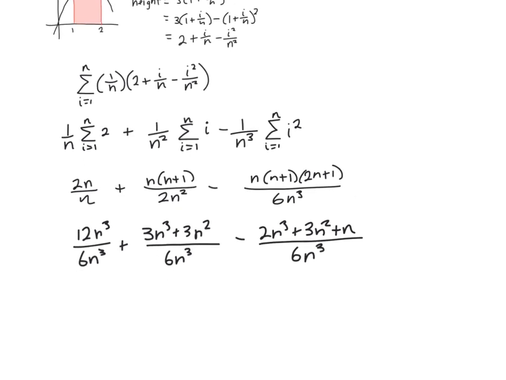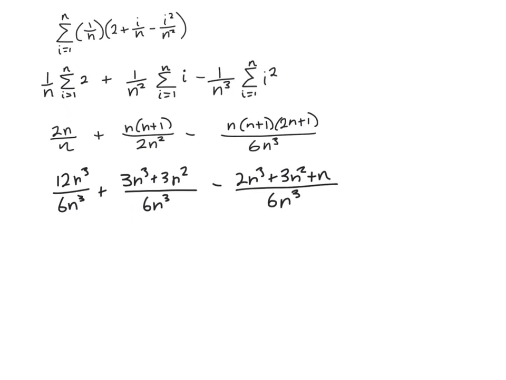And then if I combine those three terms, we're left with 13n cubed minus n over 6n cubed. So now this is the expression where I'm going to evaluate the limit as n approaches infinity.